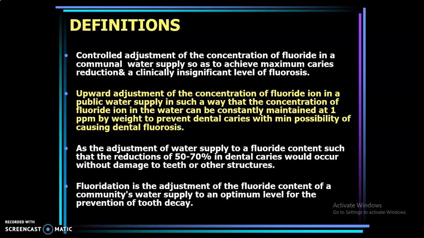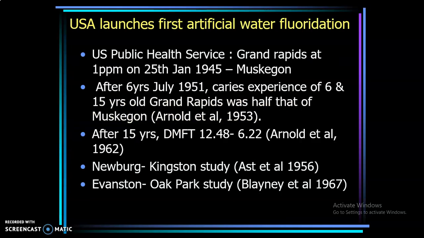We have already talked about the Grand Rapids Muskegon study and some other water fluoridation studies when we talked about history. These are a few of the important milestone studies done on knowing the therapeutic benefit of water fluoridation.